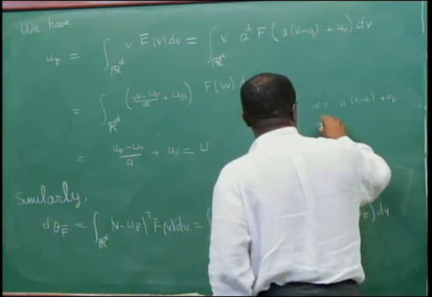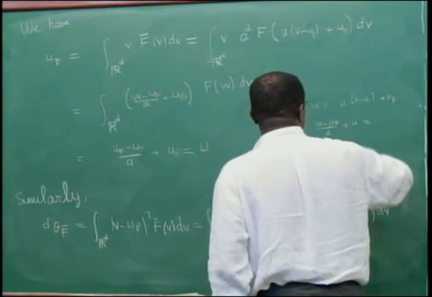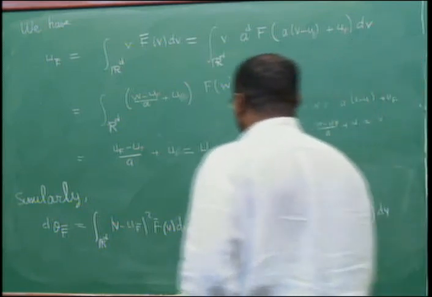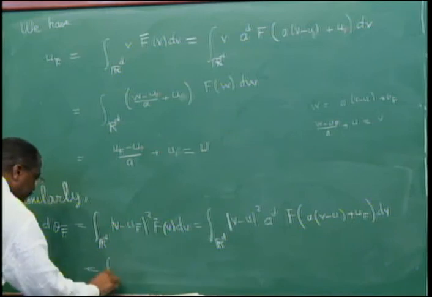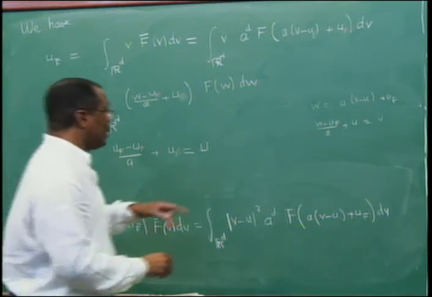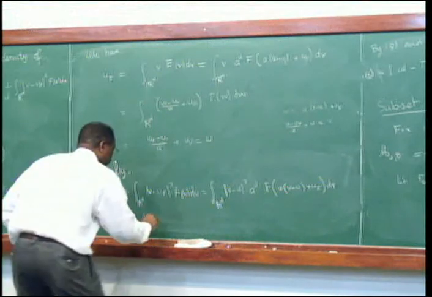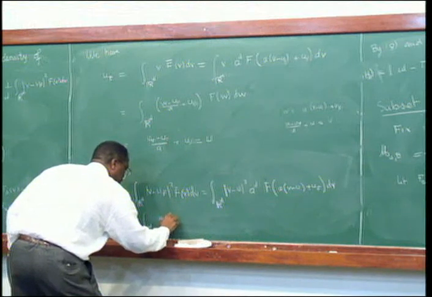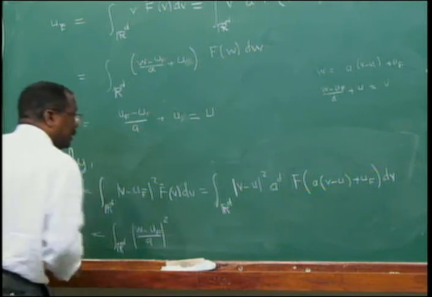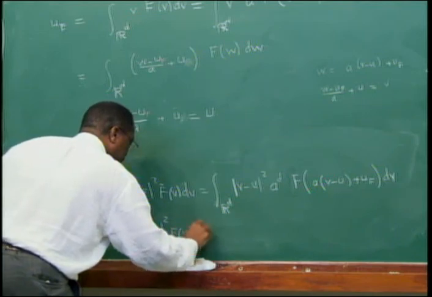And as before, what I did was w equal to a(v − u) plus u_f. So (w − u_f)/a plus u equals v. So this is the integral over R^d. I'll replace v minus u by (w − u_f) over a, squared. And this will be f of w dw.